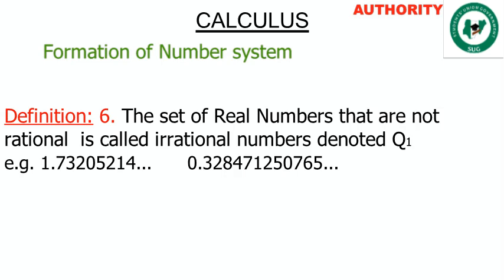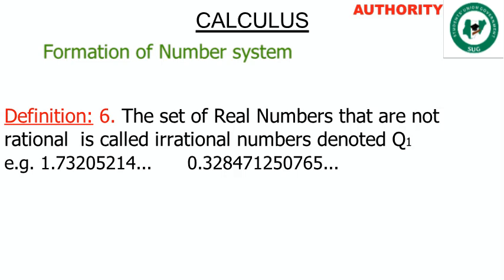I told you that real numbers are a combination of rational numbers and irrational numbers. And this set of real numbers that are not rational, we call irrational numbers.